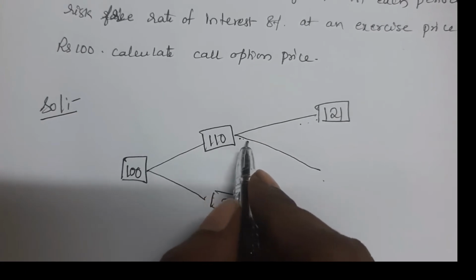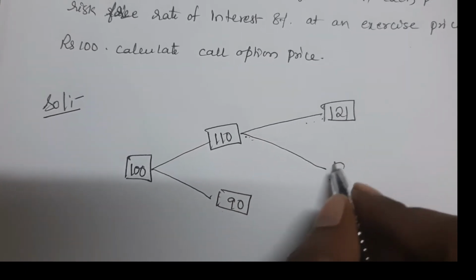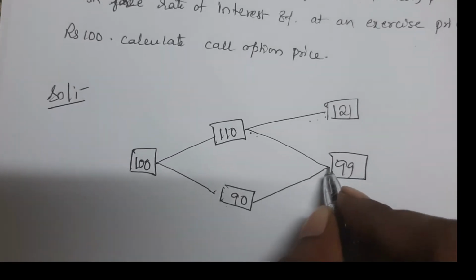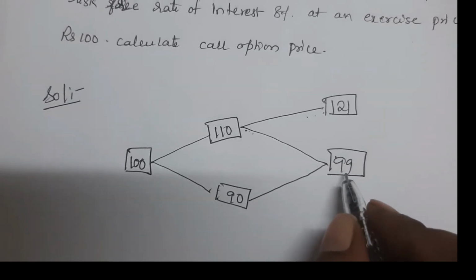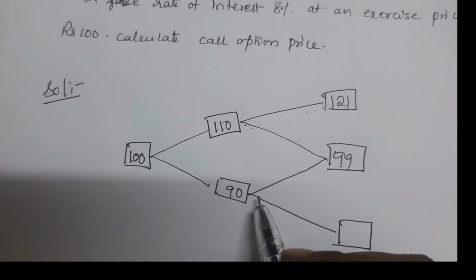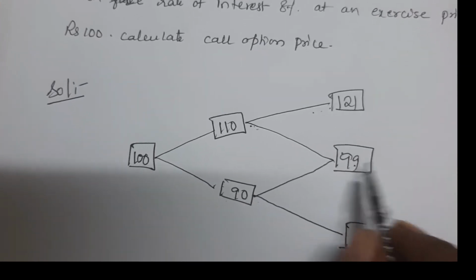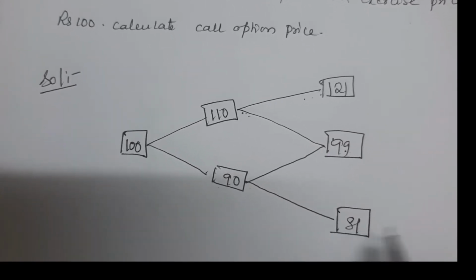From 110, if the price falls down by 10%, the price will become 99. In the same way, 90 may increase by 10% or fall down by 10%. If it increases by 10%, it will become 99. If it falls down by 10%, it will become 81.